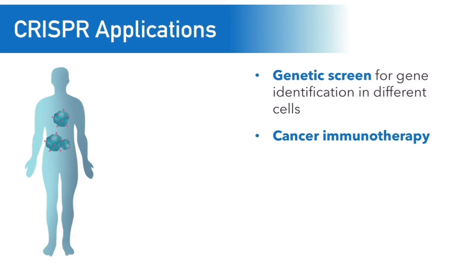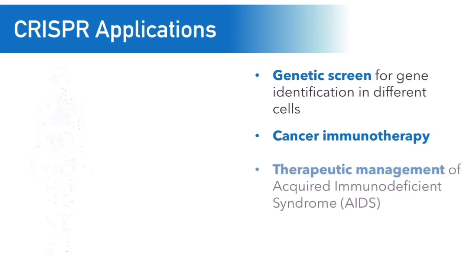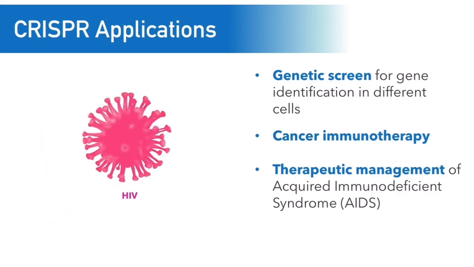Similarly, CRISPR has also found its application in therapeutic management of acquired immunodeficiency syndrome, AIDS, caused by human immunodeficiency virus, HIV. Conventional antiretroviral therapies are capable of suppressing viral replication. But once the virus gets converted to its proviral form, conventional therapies are ineffective in targeting the virus.